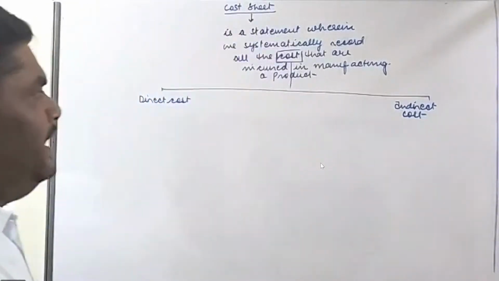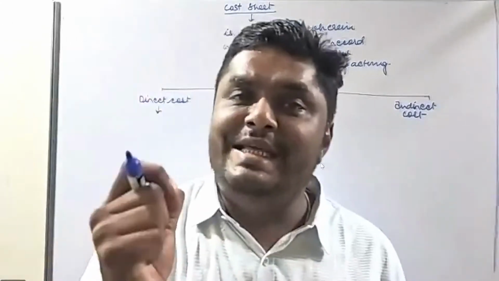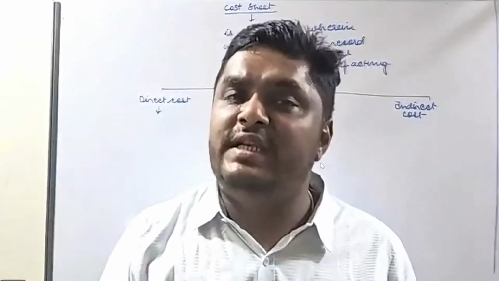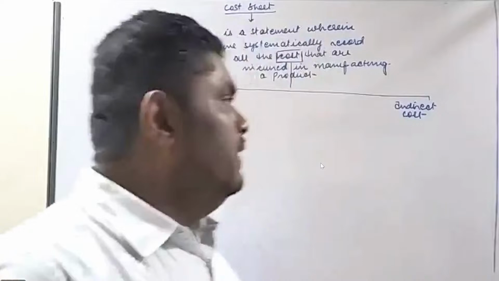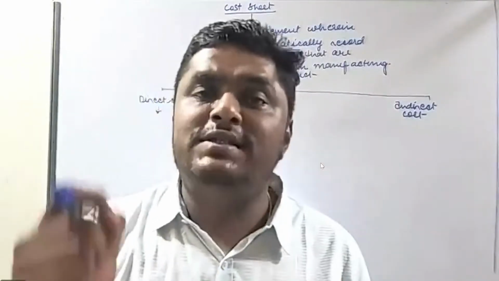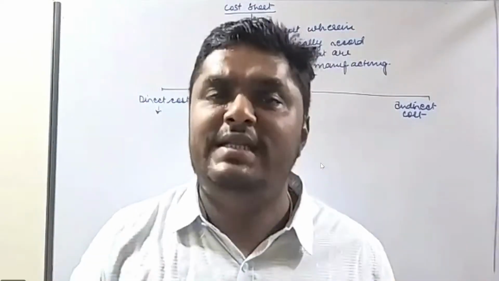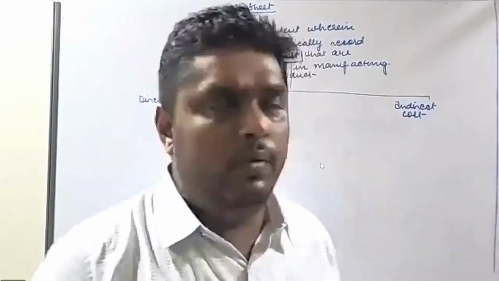When talking about direct cost, the cost that is directly attributable in manufacturing a product is direct cost. When talking about indirect cost, the cost that plays a supporting role in manufacturing a product. I'll be discussing this with the help of examples also.